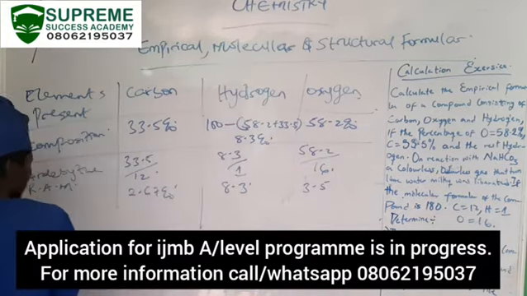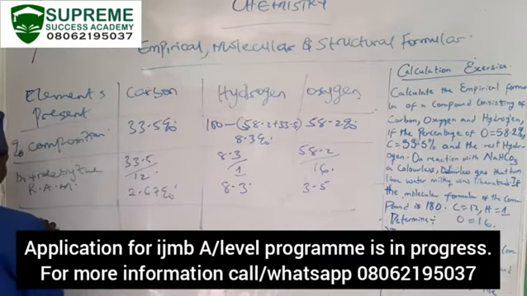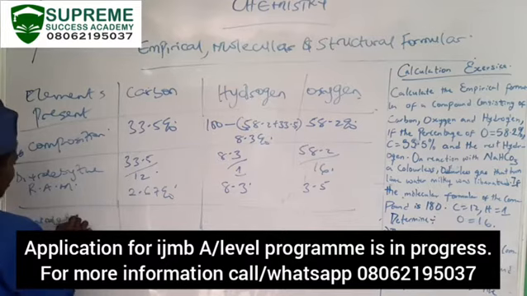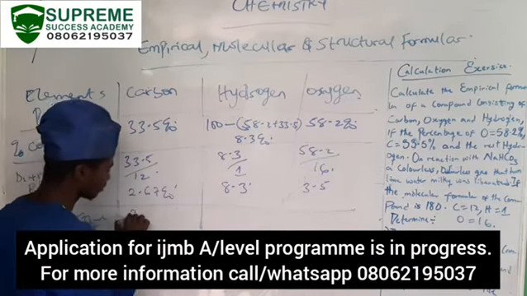Then the next thing to do is to divide by the smallest. How do we do that? What is the smallest? 2.67.